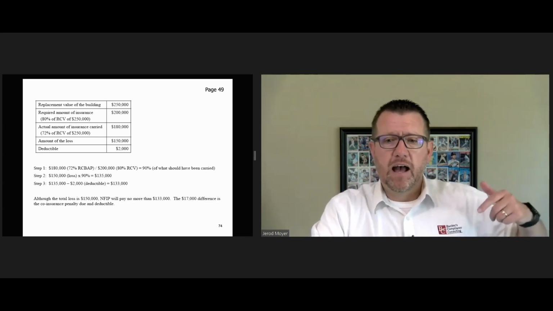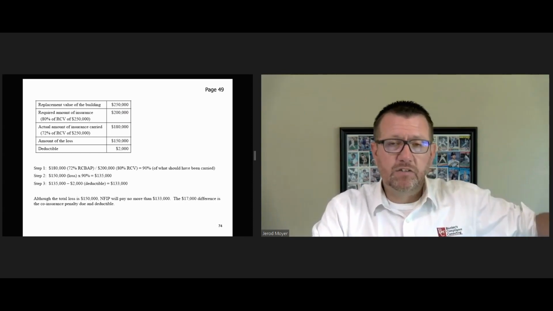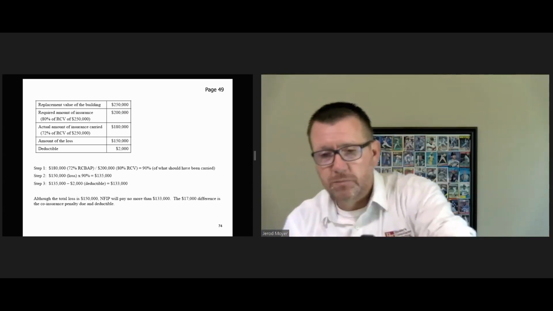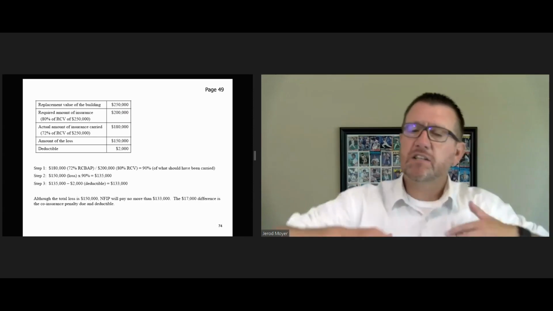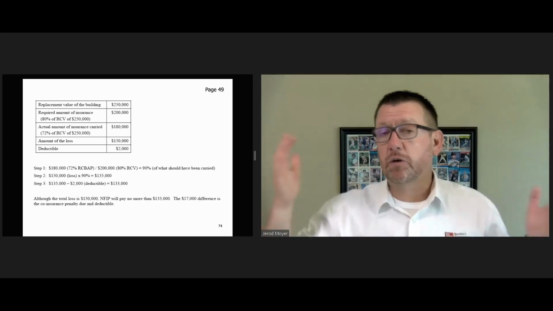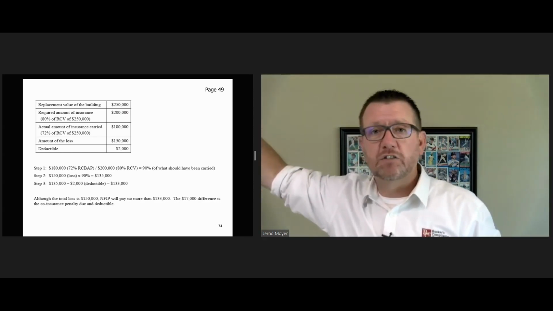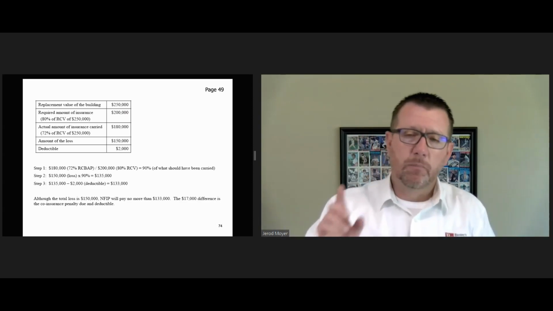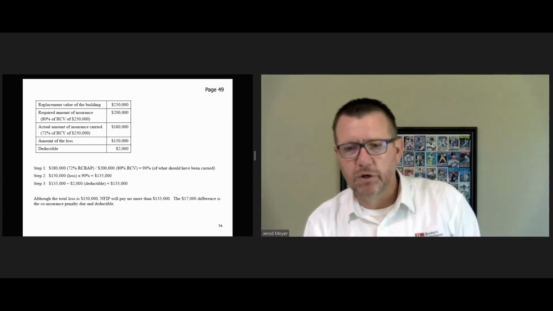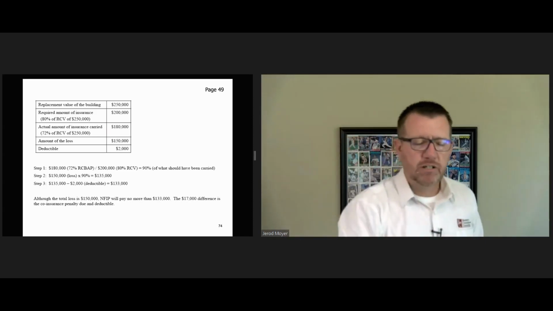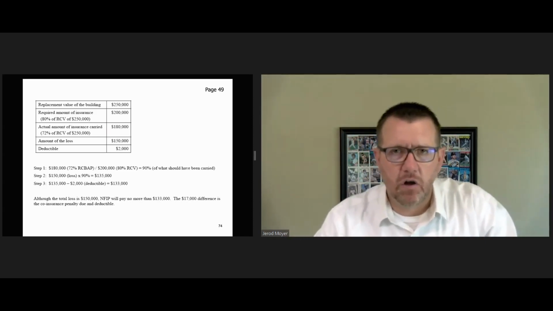They should have had 80% in place in order to avoid the coinsurance penalty. They only purchased 72% because that's what they needed for compliance. So for compliance, you're going to be able to check the box and you're golden. However, the borrower doesn't really have $180,000 worth of coverage, and I'll show you why as we go through this. Let's imagine that they have a $150,000 loss.